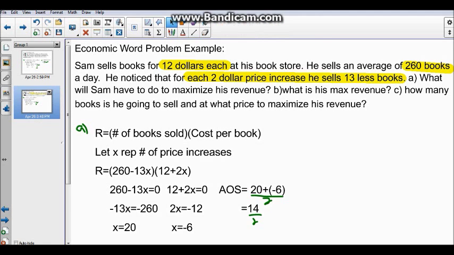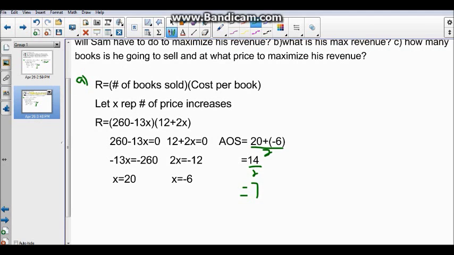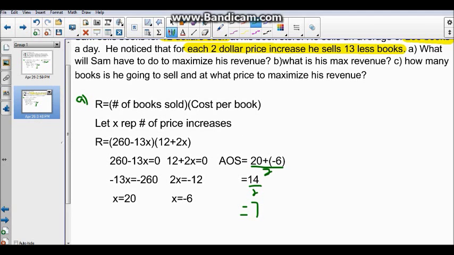And the axis of symmetry is going to be 7. So now we know that 7 price increases will get the maximum revenue.